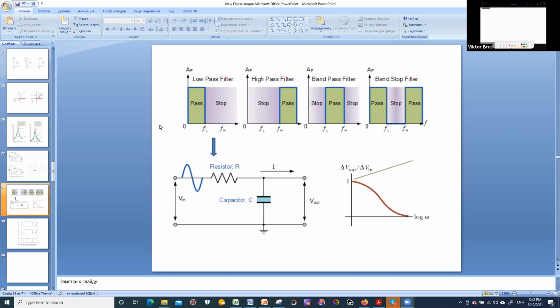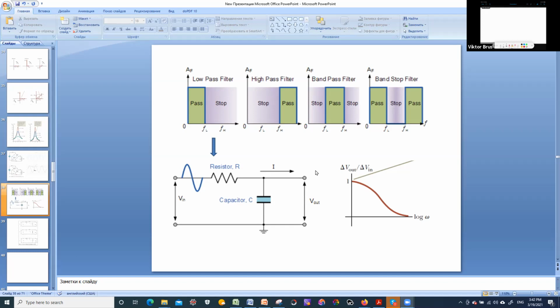It means that only frequencies from 0 to some cutoff frequency will pass, and from the cutoff frequency and higher will be neglected. So this is the principle of operation of the most simple RC low pass filter.